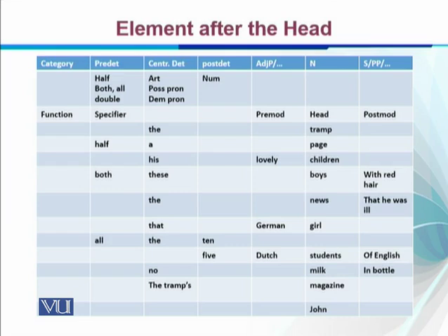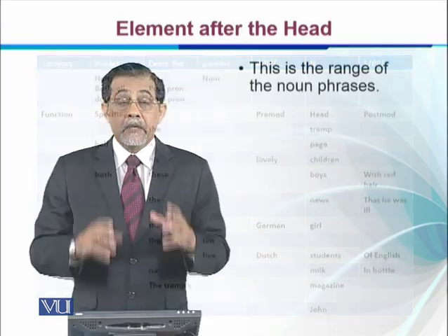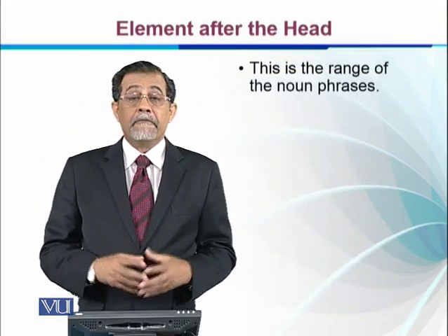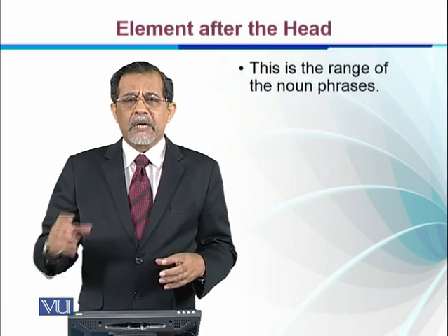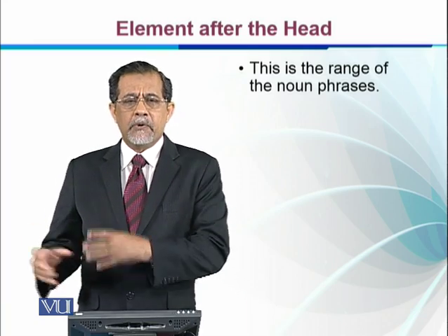This is the range of noun phrases: what can come as pre-modifier and what can come as post-modifier. With the help of these we can understand a noun phrase. So we can conclude that a noun phrase has its head sometimes as the last word of the phrase and sometimes somewhere in between.